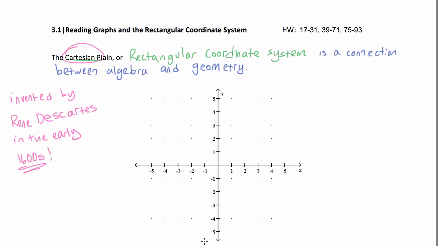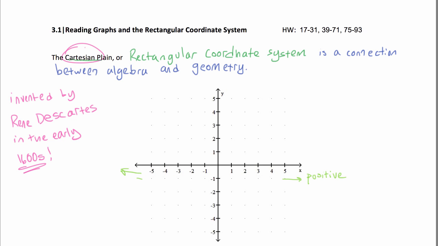So this is the big invention, the coordinate plane. All it is is a number line, just like the number line we looked at in 2.8. We've got the x-axis. We've got 0 right here. It's going positive in this direction, so this is the positive x-axis. And then it goes negative in the other direction on the x-axis.